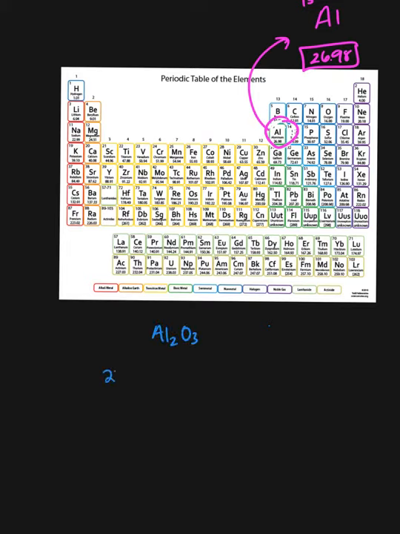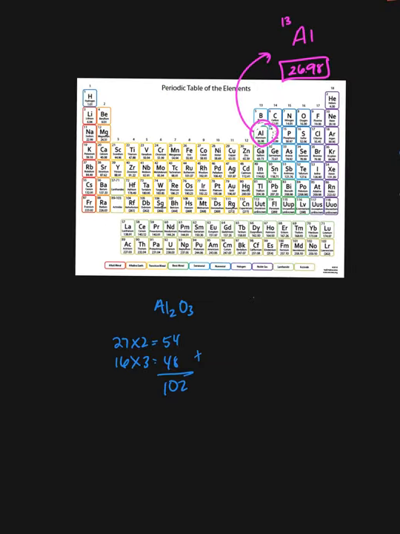The atomic mass of Al is 27 times 2, and then we have oxygen, which is 16 times 3. So we end up with 54 plus 48, which is 102. So 102 grams per 1 mole.